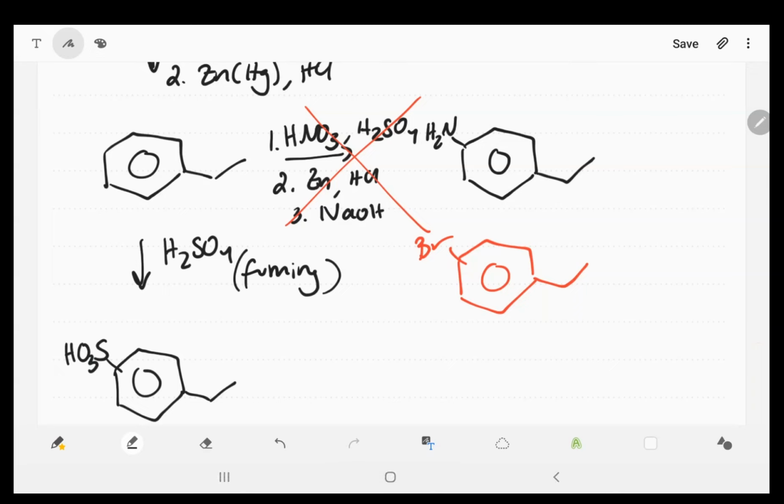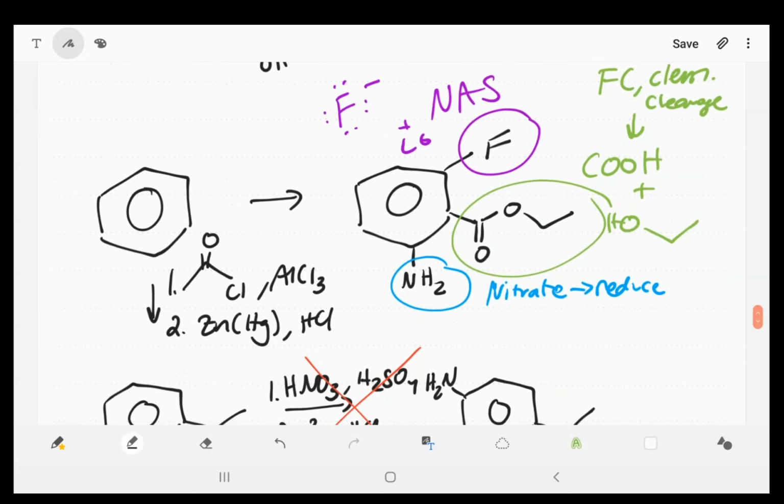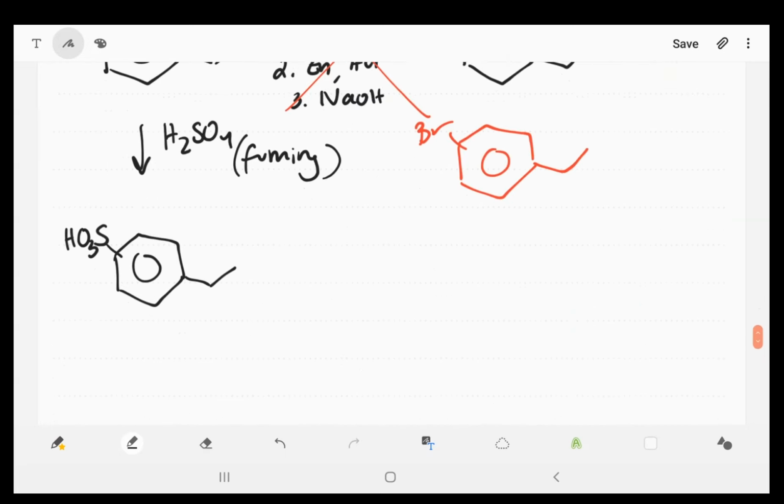So, now we can do all these other things that we wanted to do, because now we have blocked off our para position with a blocking group. And remember, we can remove this. Dilute sulfuric acid will take this thing off. And since in our final product everything's all clustered up, we're definitely going to need some sort of blocking group to prevent that para position from being attacked by something. So, cool.